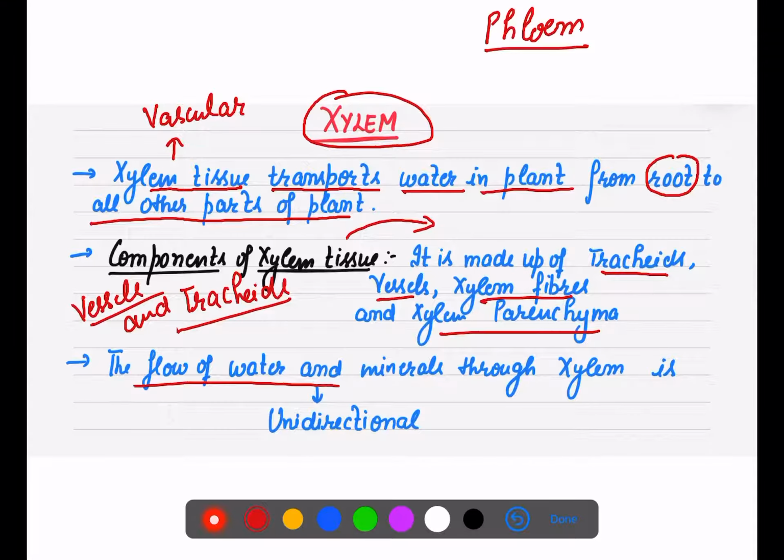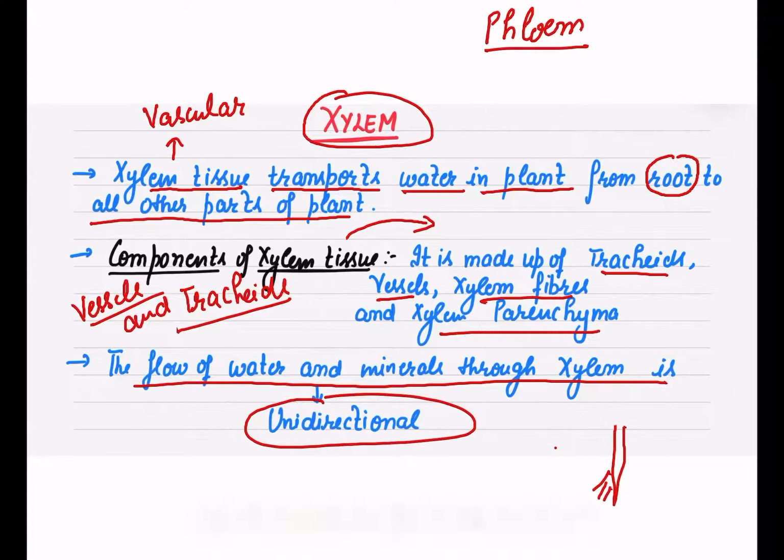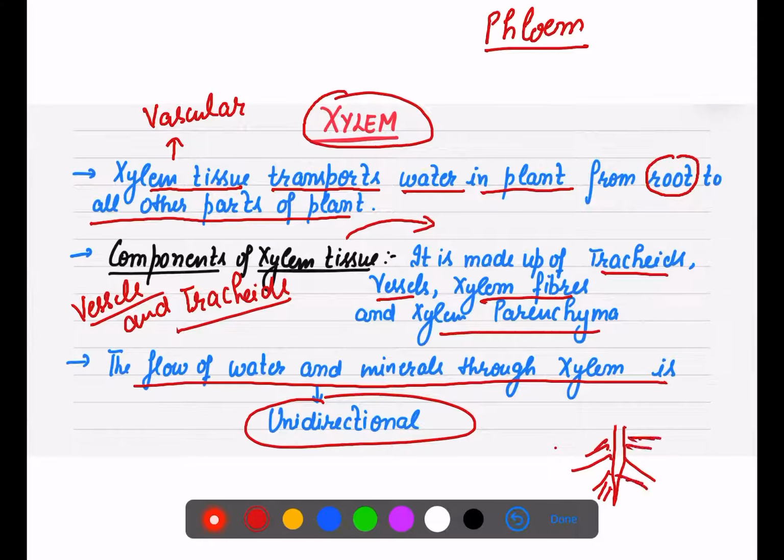Now the flow of water and mineral through xylem is unidirectional, because if this is our root, then these roots absorb water, and this water goes to the leaves, but never does water from leaves come back to the roots.